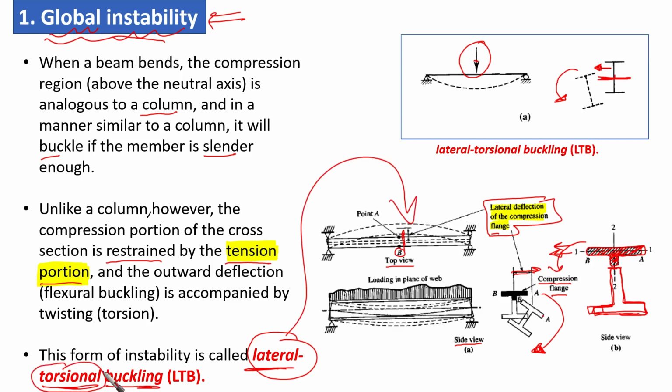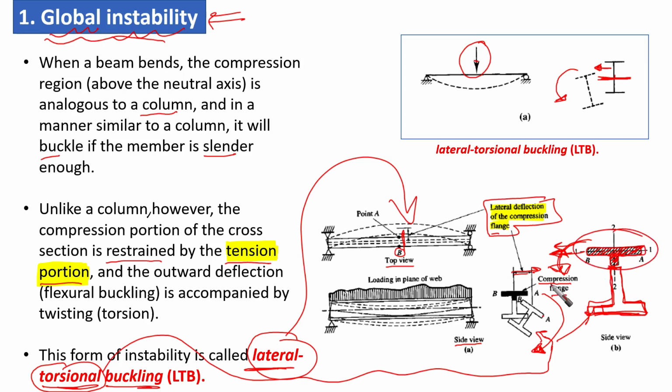Torsional, we understood now why the torsional part is going to be part of the motion, because of the tension part, as I said. It is going to restrain this compression part from going laterally without twisting. So this is going to make this compression part twist at the same time.